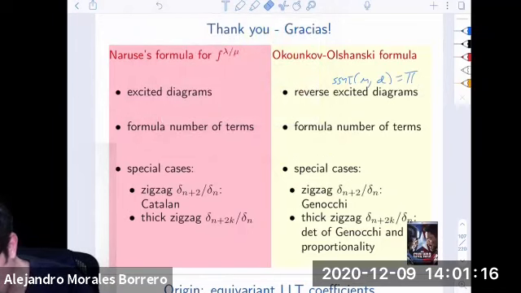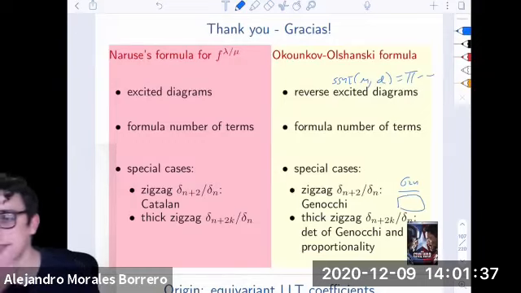So for example, for the zigzag, you're comparing semi-standard tableaux. I think in this case I've computed the ratio, but I don't know what it goes to.